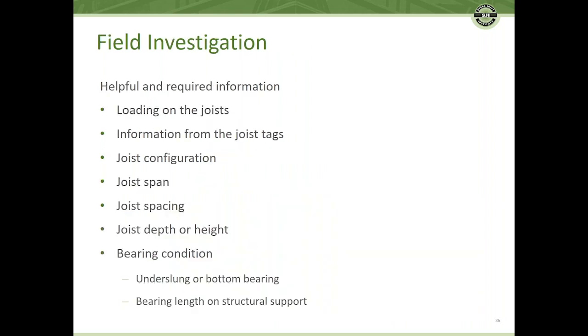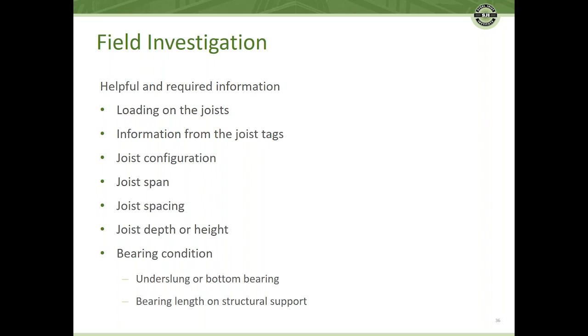When doing a field investigation, things that we want to find is the loading on the joist, and sometimes we can figure that out, and sometimes we can't. The information on the joist tag is mentioned. The joist configuration, meaning what the webs look like and the span and that type of thing.